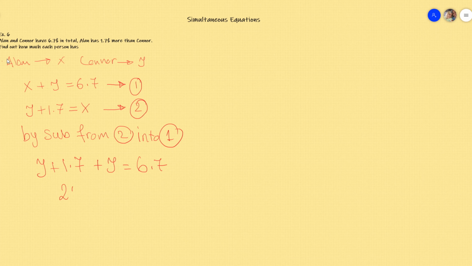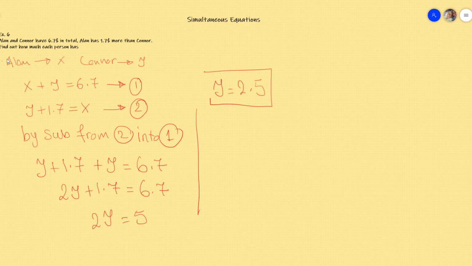So 2y plus 1.7 is equal 6.7. So 2y is equal 5. So we will have that y is equal $2.5.